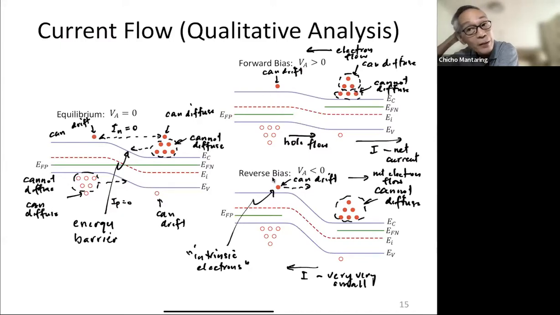Drift is when there's an electric field. Diffusion is when there is non-uniform concentration of charge.